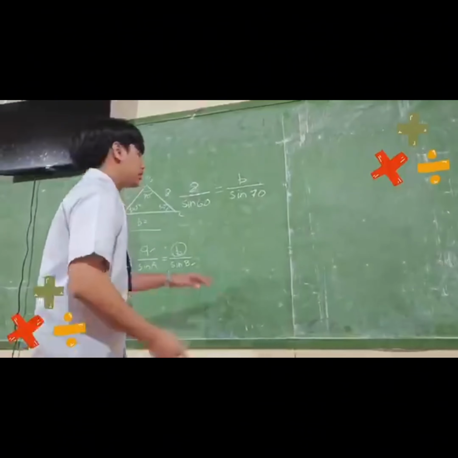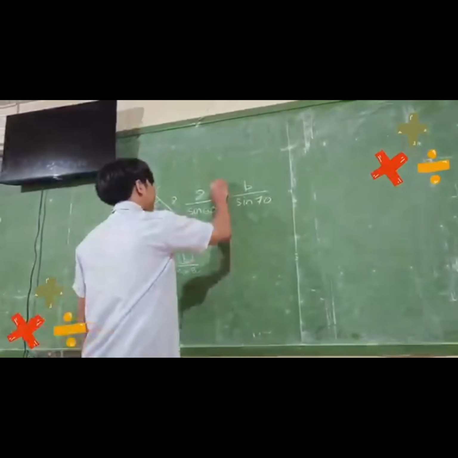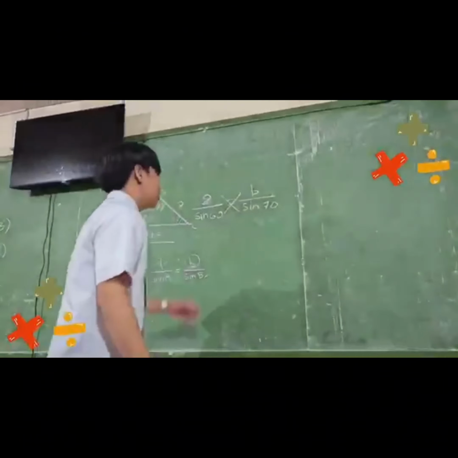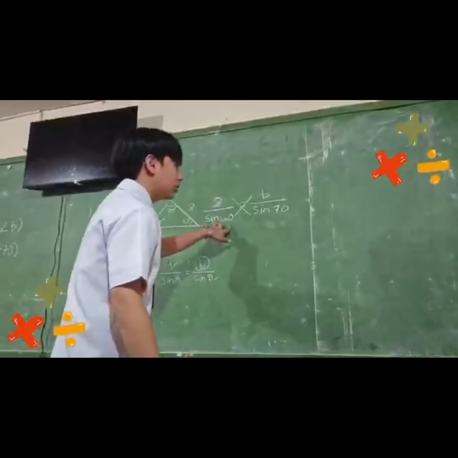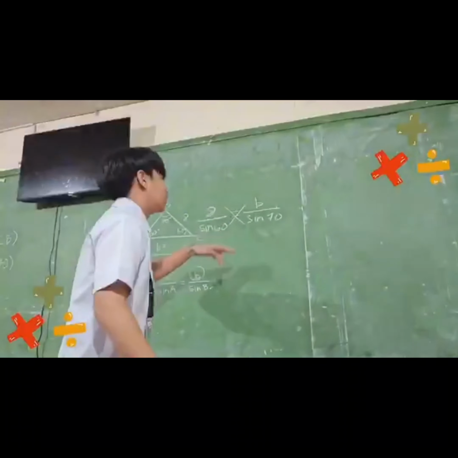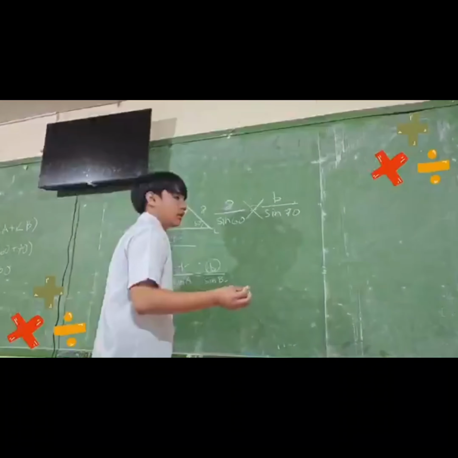In this process, we are going to cross multiply here. What I like to do is multiply the undefined value first.